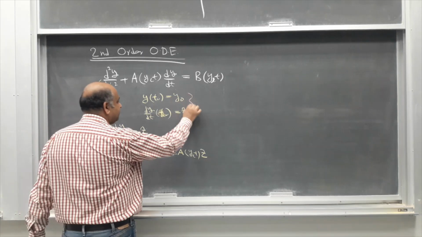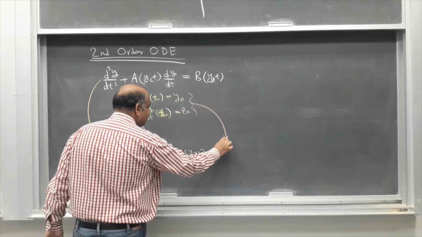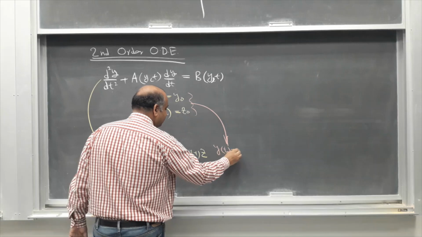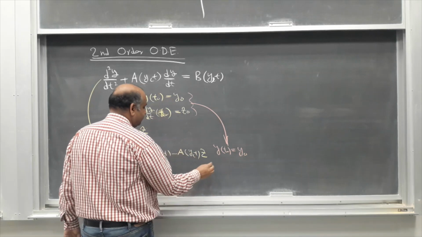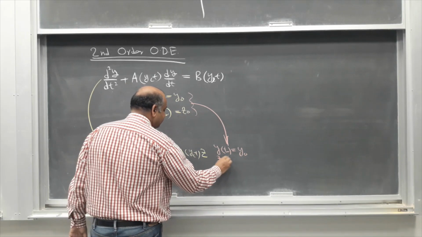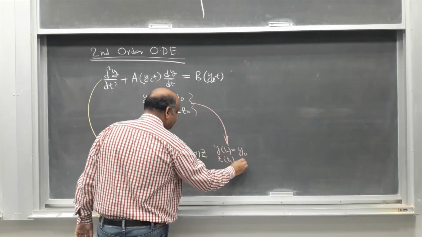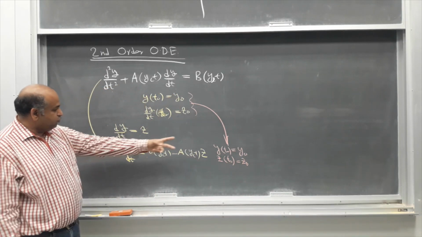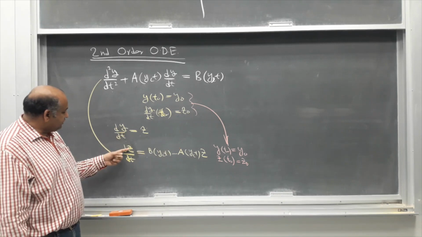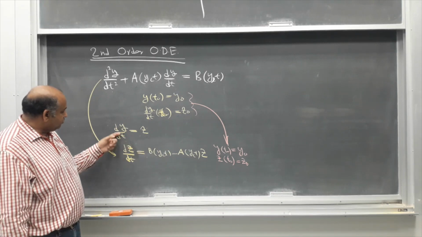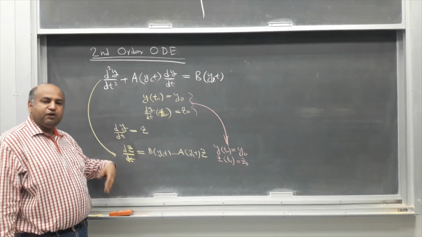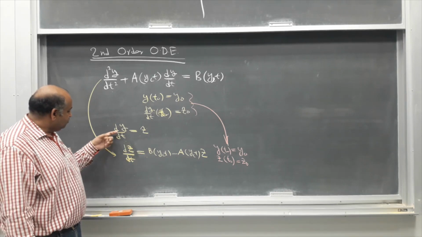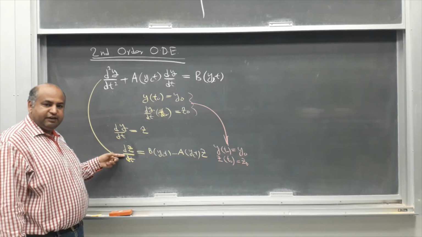So this set of initial conditions now transforms like this, that this is same, and the second condition is z of t naught is now z naught. So I have set up this system. There are two initial conditions for both of these unknowns, and there are two equations, and we can use Euler or backward Euler method, or eventually any other method as well, to solve these equations simultaneously.